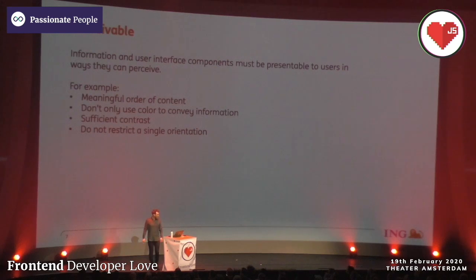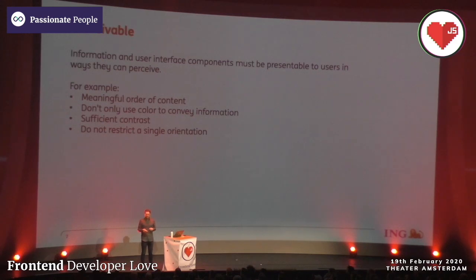Then also it's important to have sufficient contrast, like I said already with the screen in the sunshine. And also do not restrict to a single orientation. So some people might have their phone mounted on their wheelchair, for instance, and are unable to turn it around. So we cannot restrict a single orientation because some people cannot flip their screen.